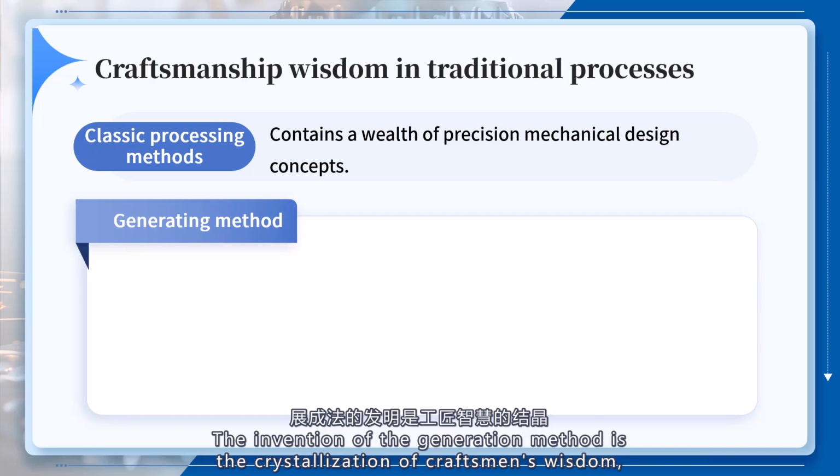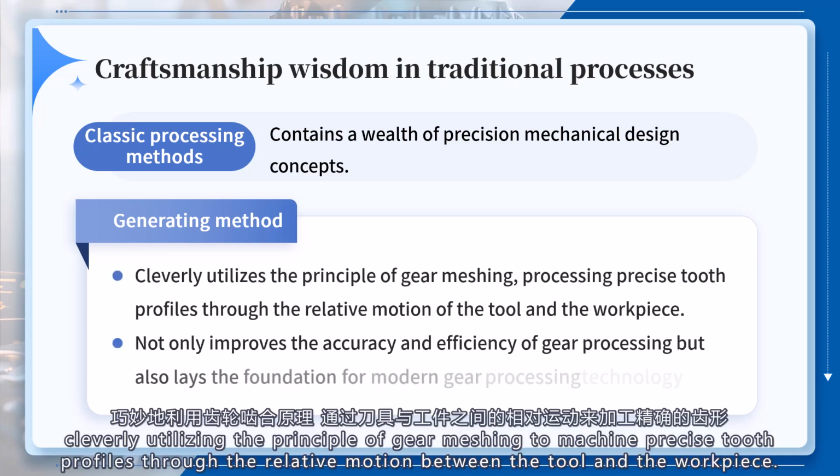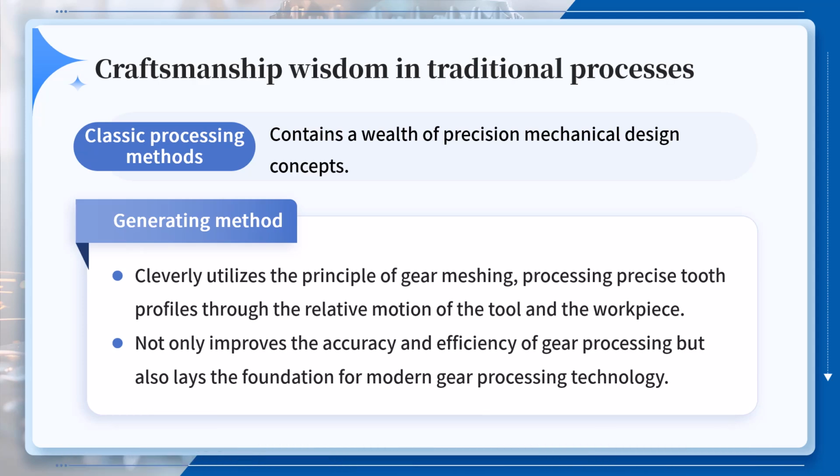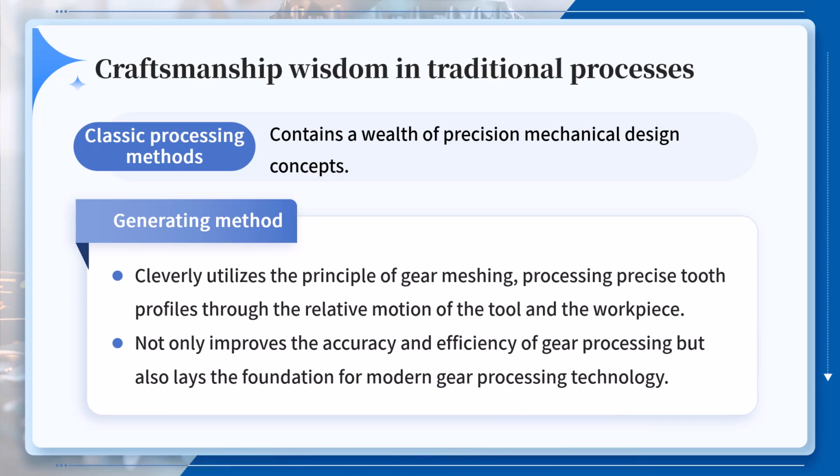The invention of the generation method is the crystallization of craftsman's wisdom, cleverly utilizing the principle of gear meshing to machine precise tooth profiles through the relative motion between the tool and the workpiece. This method not only enhances the precision and efficiency of gear machining, but also lays the foundation for modern gear processing technology.